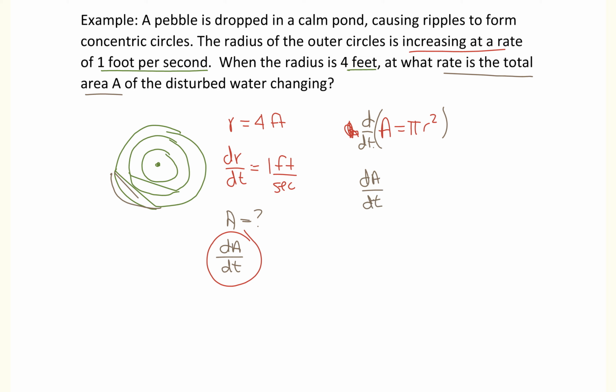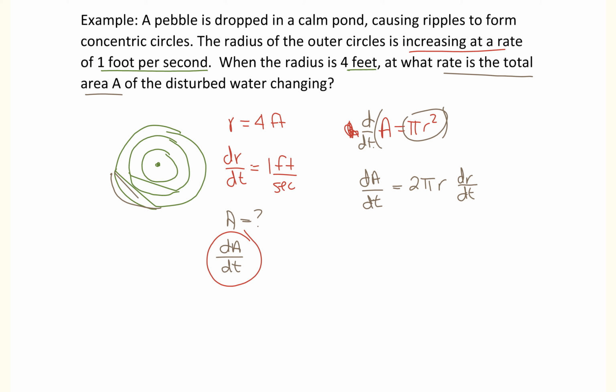Pi is not a variable, so this is just a constant. So the derivative of this side will just be 2 pi r times dr/dt. Notice when we do this, we have to do implicit differentiation, because our time variable doesn't match either the area or the radius.